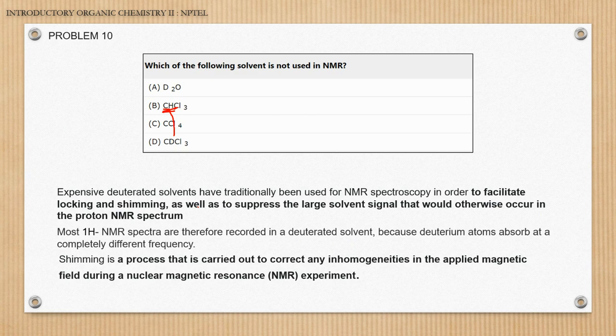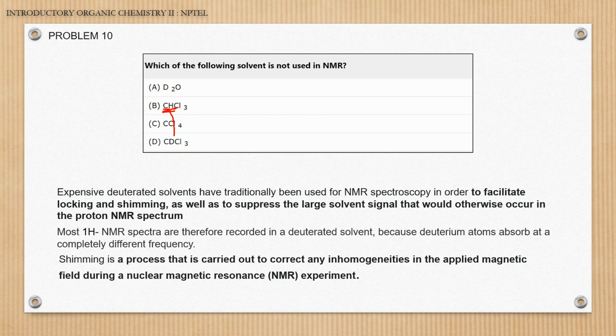That is why we traditionally use deuterated solvents everywhere, because deuterium is the heavy isotope of hydrogen. The main reason for using deuterated solvent is that it never shows resonance in the NMR at the magnetic field you have applied. If it is 500 megahertz or 400 megahertz NMR, the deuterium will never show up at this radio frequency.